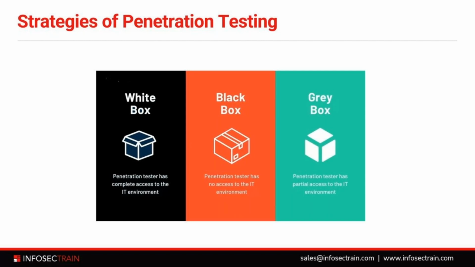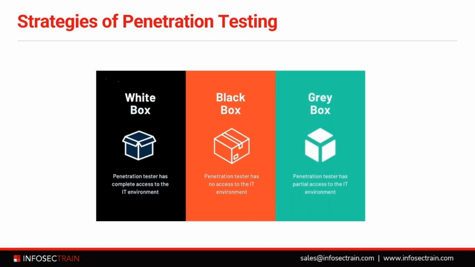So when we talk about the different strategies of penetration testing, these strategies assess differently. First, if we are talking about black box pen testing, right? So black box pen testing does what? It assumes that the pen tester has no previous knowledge of the infrastructure which needs to be tested, right?